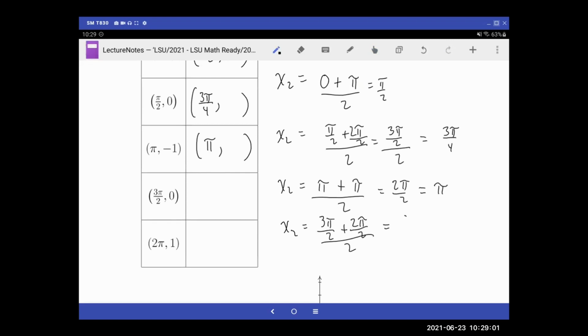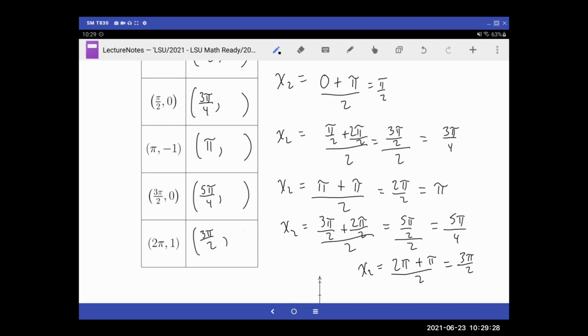So I can have 5 pi over 2 over 2, 5 pi over 4. And then finally, 2 pi plus pi over 2 would give me 5 pi over 2. Okay, so that worked and gave me all my x values.